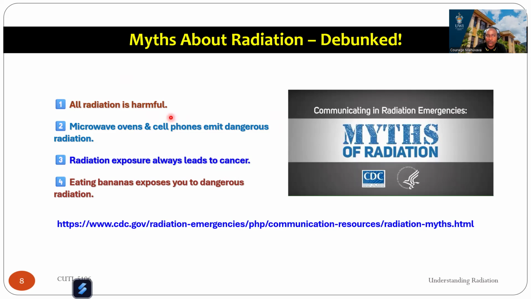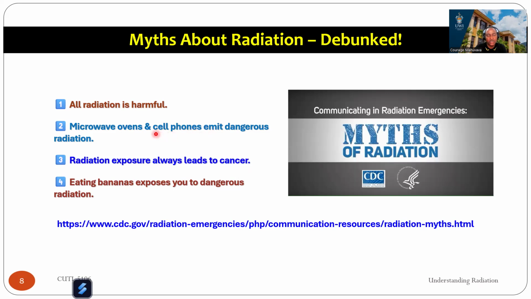which says radiation is harmful always, is not true because, for example, the sun exposes us to UV, visible light, and infrared radiation all the time, but it's not harmful always. Also, we can regulate the amount of exposure, like in medical imaging, and this is generally considered to be safe and actually beneficial for diagnosis.